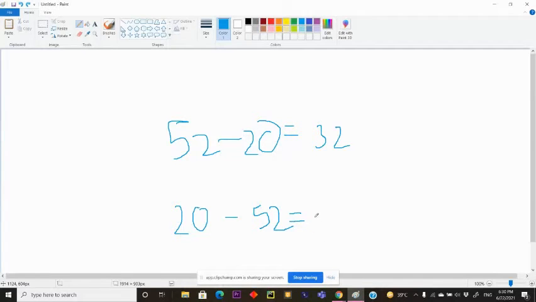So when you do both the questions, you get these answers: minus 32 and 32. Are the answers the same? No, the answers are not the same. So what can we write to prove that this is not applicable on subtraction?